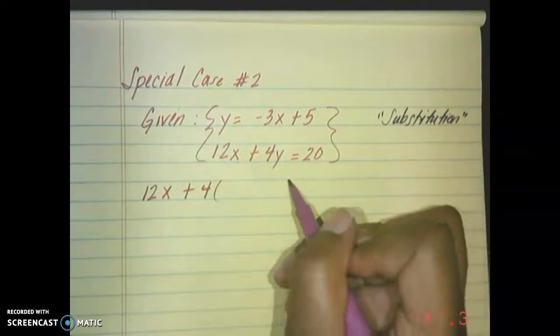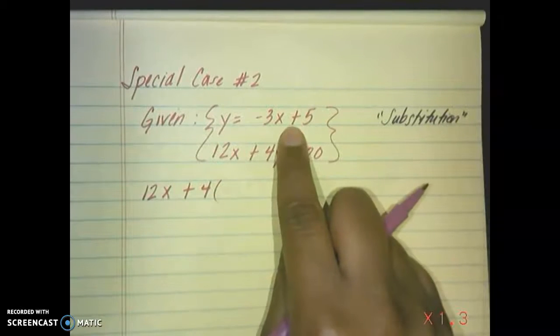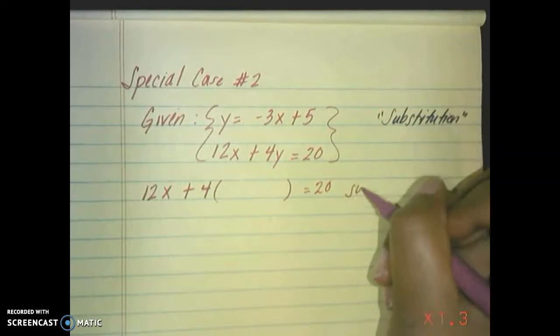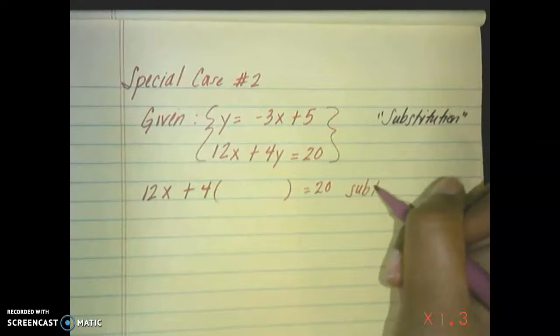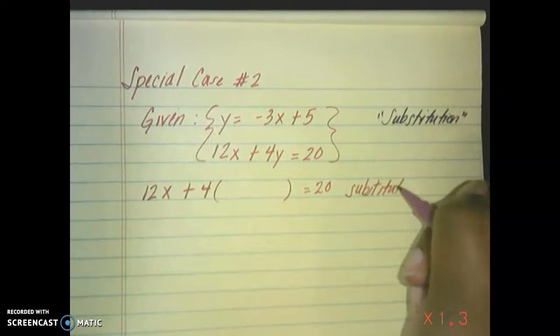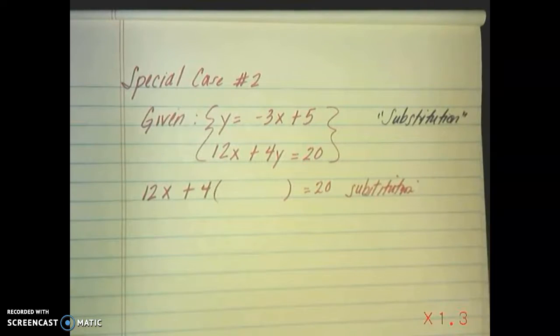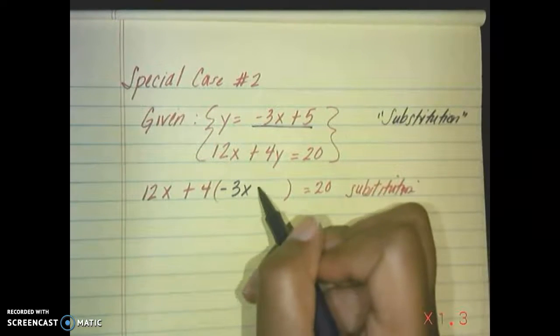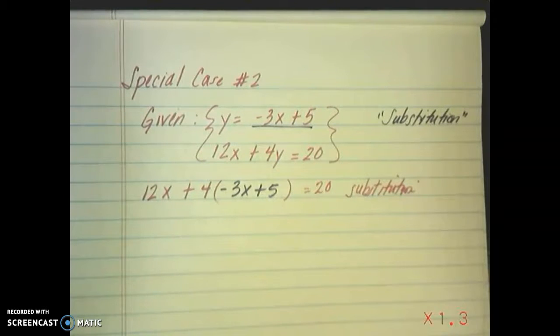But in the place of y, I'm going to substitute in what you have here, equals 20. So in this case, I didn't need to solve for y. I just needed to go ahead and substitute it in. So I am going to substitute in negative 3x plus 5 for y.